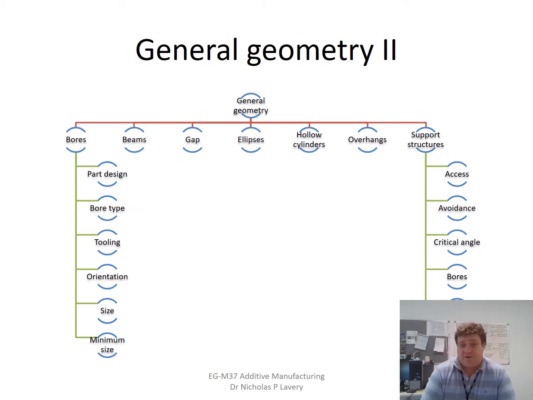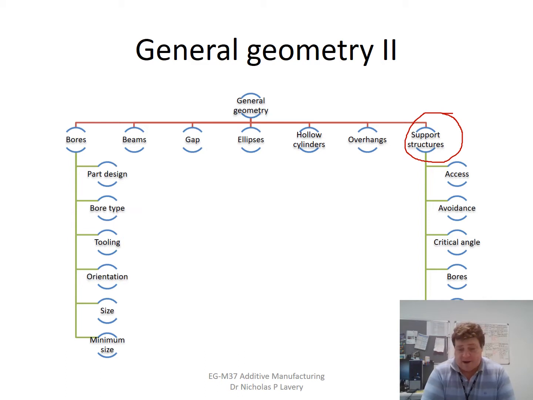Support structures, the big thing with support structures, you need to be able to attach support structures so that they are, and probably the most important thing is that they're easy to remove. So therefore you need to have access to them for however you're going to do the detachment of the support structures.